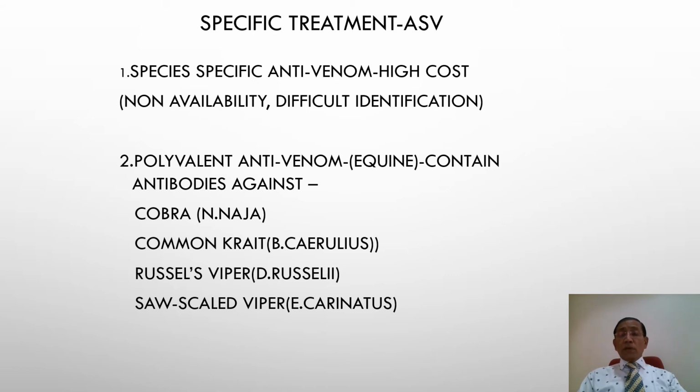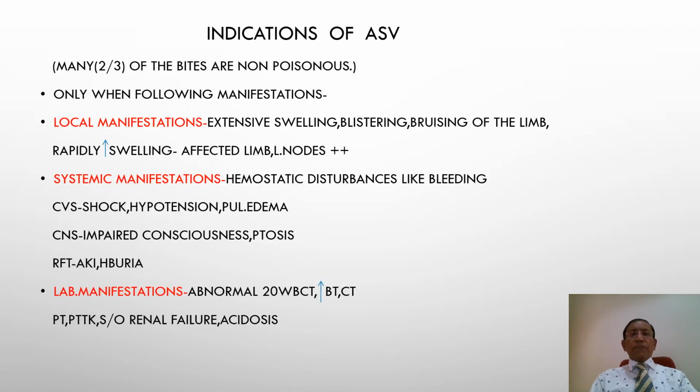Now people are investigating whether we can produce synthetic antivenom, so that you can have a variety, like four-specific antivenom, or one which contains antibodies against six snakes.